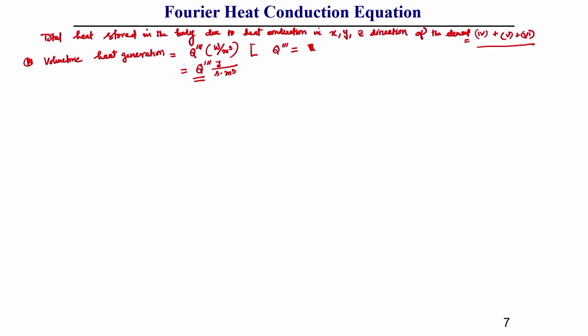This is how much heat is coming from the arc per unit volume per unit time, called volumetric heat generation, or the rate of heat generation per unit volume.